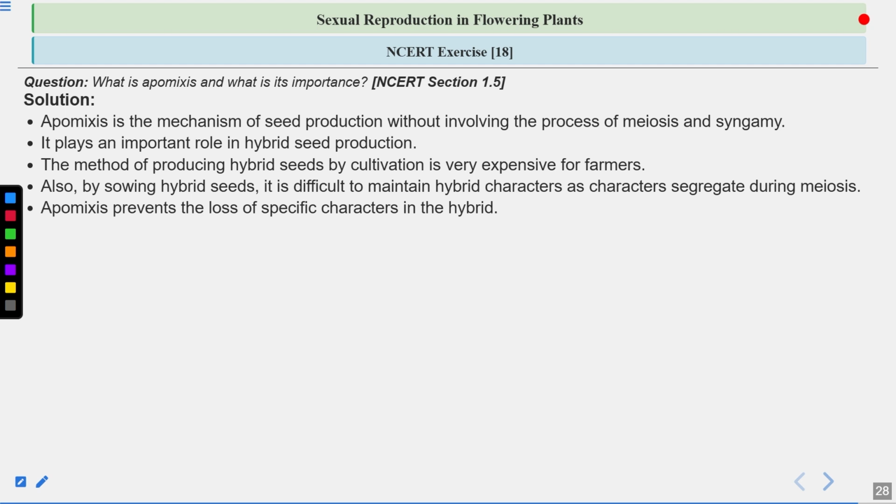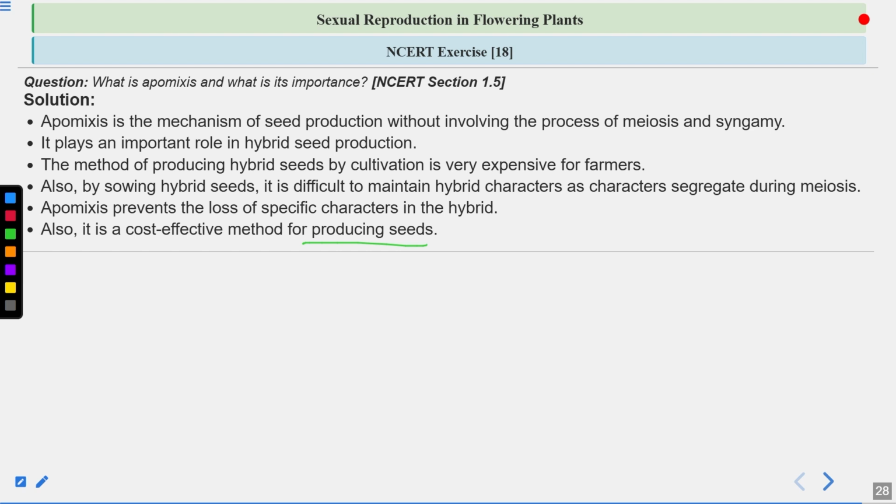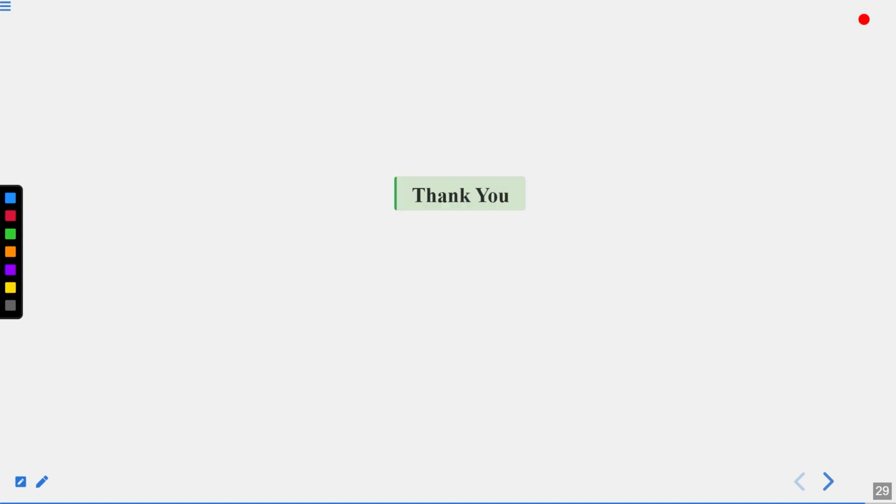So apomixis prevents the loss of a specific character in the hybrid. And also it is a cost effective method for producing seeds. So once you develop the hybrid seed once a year, it can be lost if you develop a new seed from that. So instead of forming a new seed from that, you can go for the process of apomixis, right? So this is all about today's session.